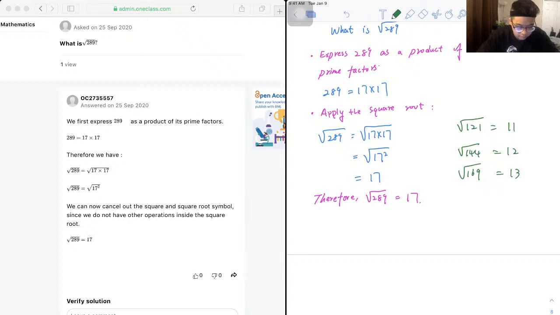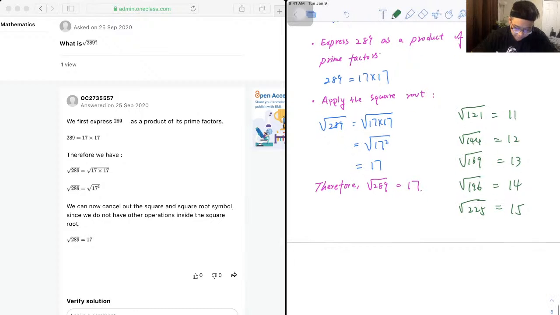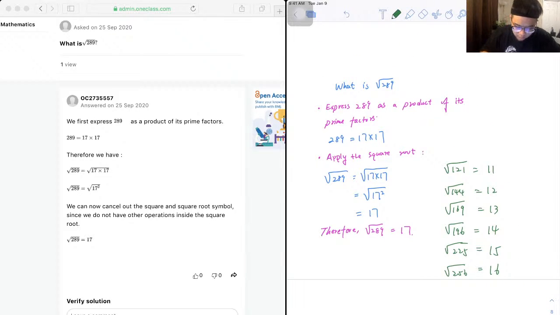And then if we got 196 and then we take a square root of that, it's going to be equal to 14. And if we got 225, we take a square root of that, it's going to be equal to 15. And if we got 256 and we take a square root of that, it's going to give us 16. Yeah. So those are some common questions we usually come across.